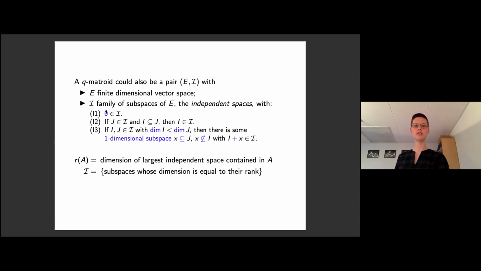First, the zero subspace needs to be independent. A subspace of an independent space is also independent.